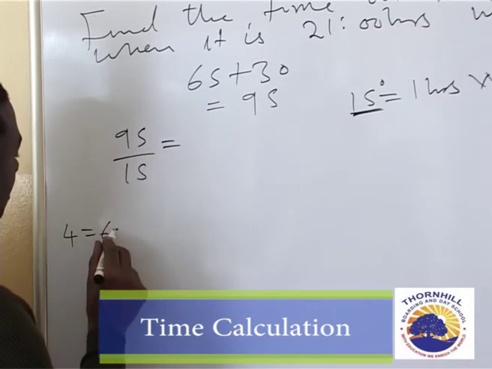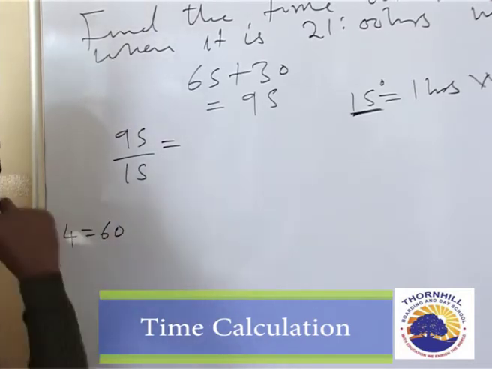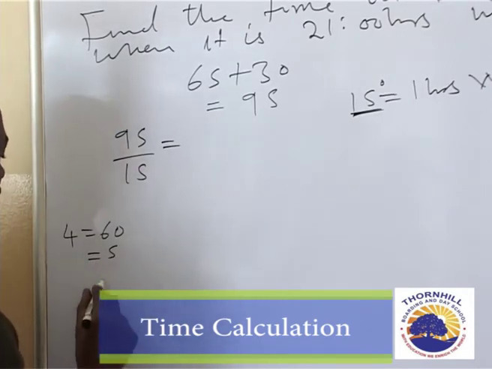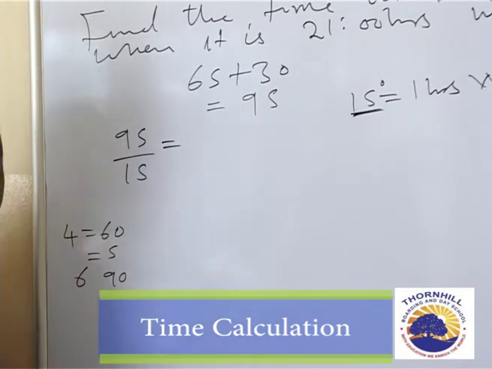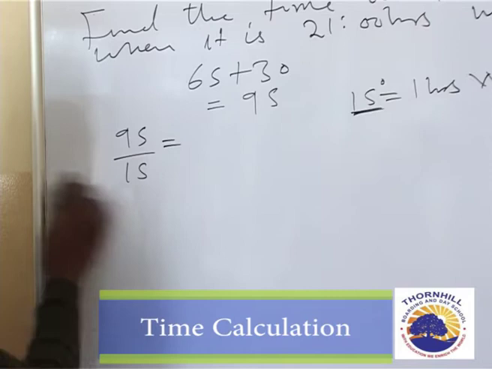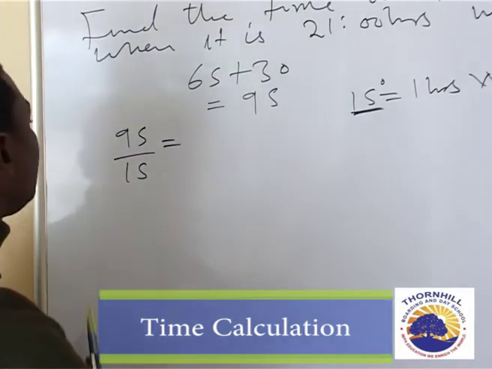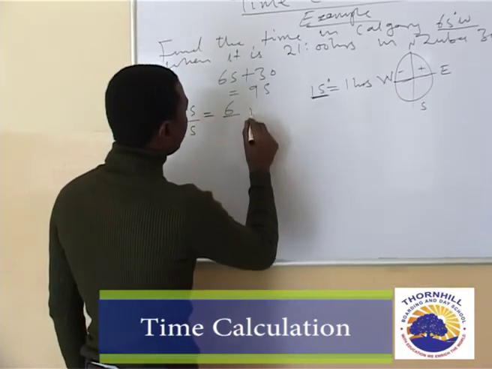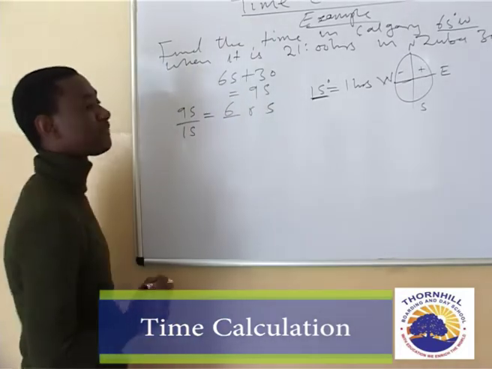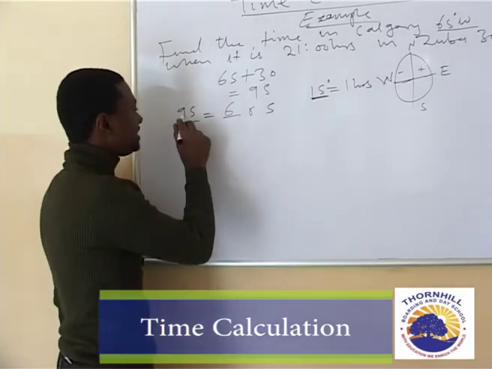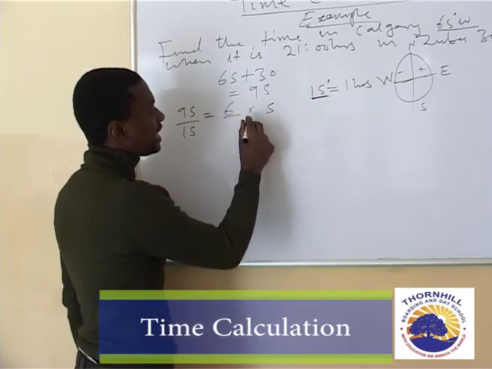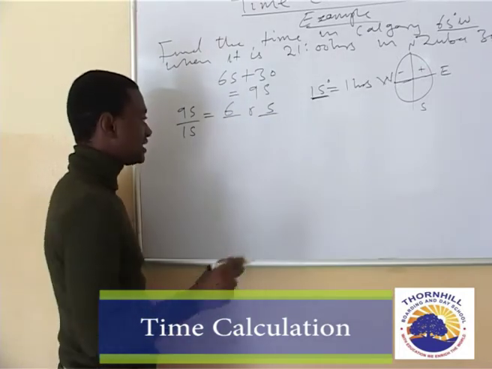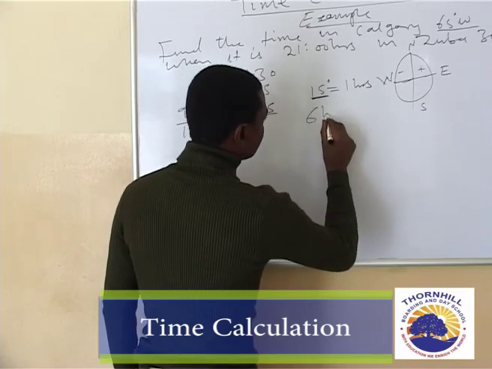So into 90, it goes 6 times. Therefore, 15 into 95 goes 6 times, remainder 5. This is the remainder. So the difference in hours is 6 hours.